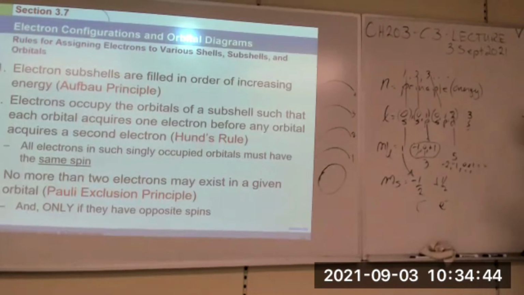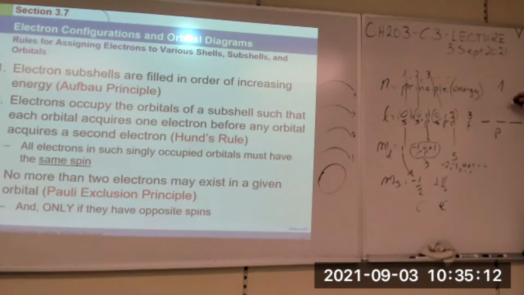All right, example. Say you're filling a p orbital, but there are three possible orientations, right? So you've got room for three of them, like X, Y, and Z. Well, Hund's rule says, and I'm going to use single bar arrows for an electron and spin.